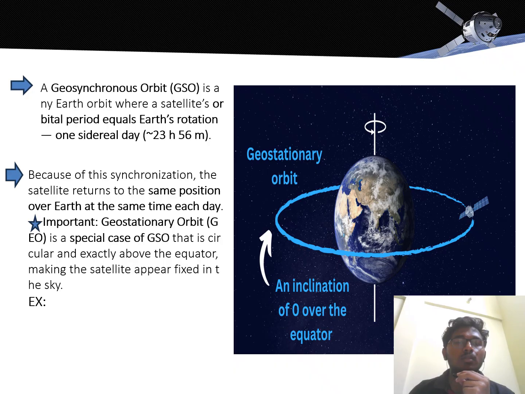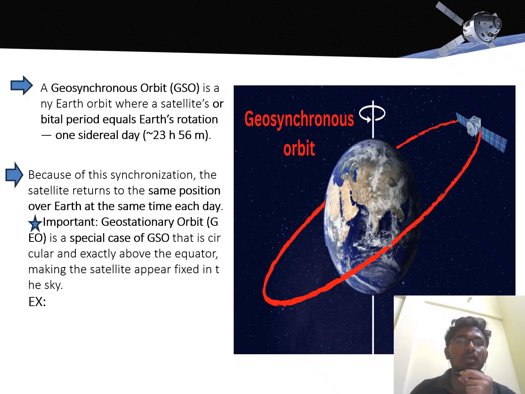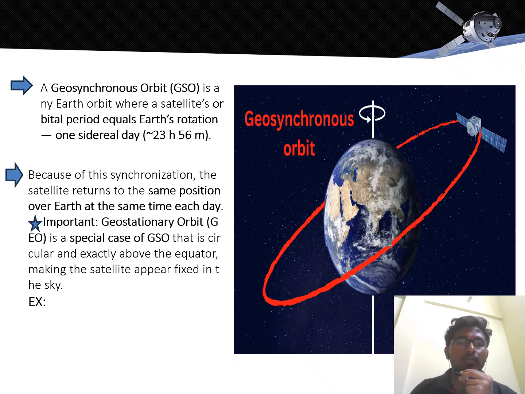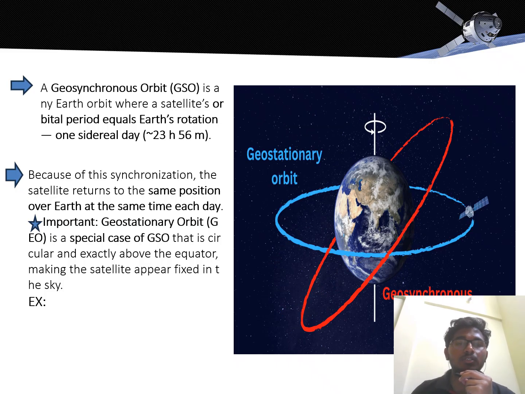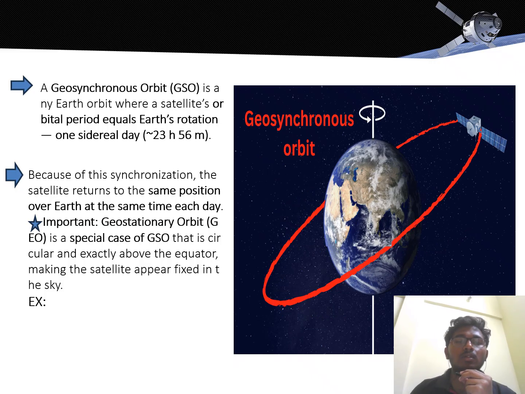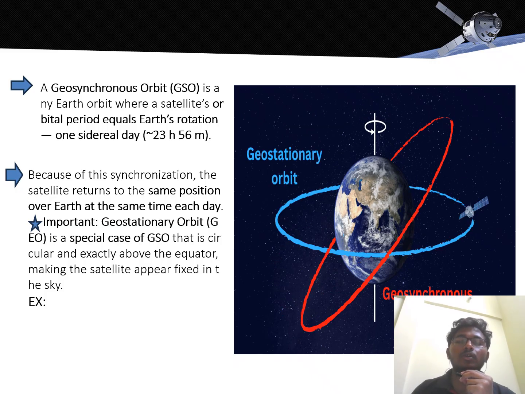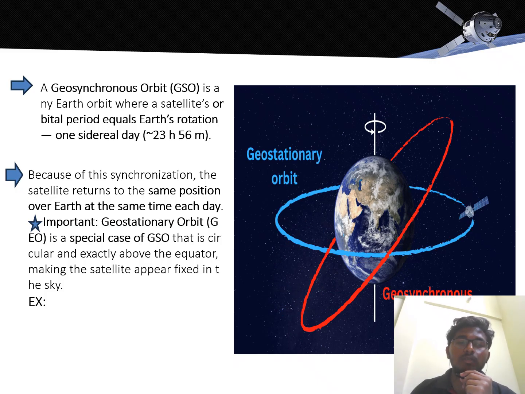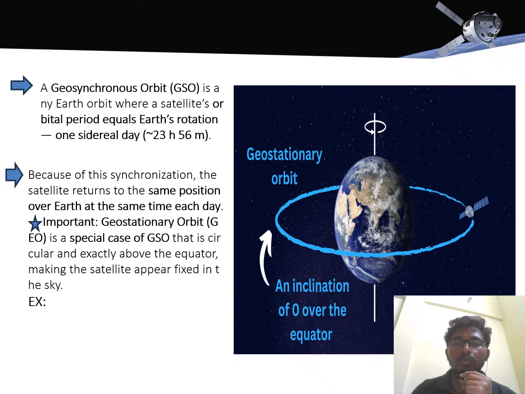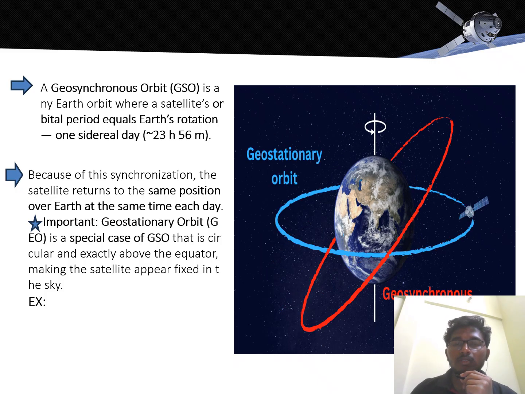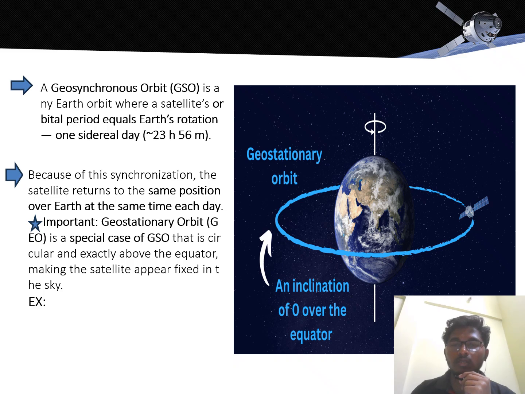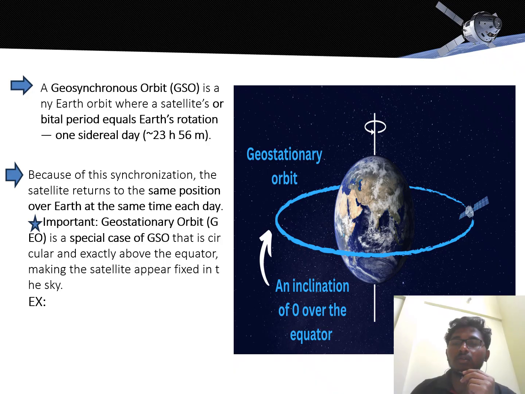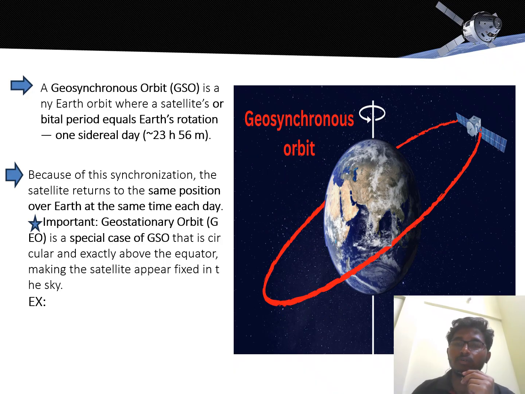A geosynchronous orbit is an Earth orbit where the satellite's orbital period equals the Earth's rotation, one sidereal day, approximately 23 hours 56 minutes. Here, the blue line indicates the geostationary orbit, and the red line is the geosynchronous orbit.